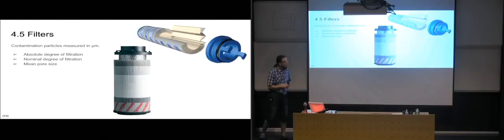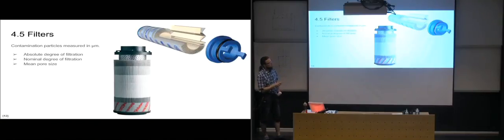And they are usually cylindrical, so that you will have either the fluid entering through the center and then passing out through a sort of sieve, a metallic sieve that's blocking out the really large particles, and then the rest will pass through the folded and layered filter, so that it gets a lot of surface area to catch particles in.